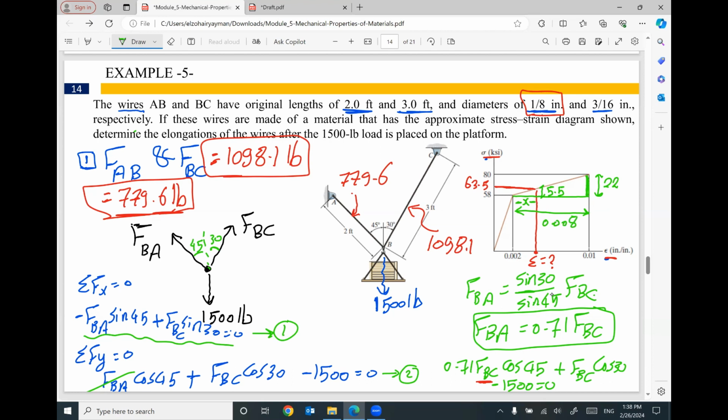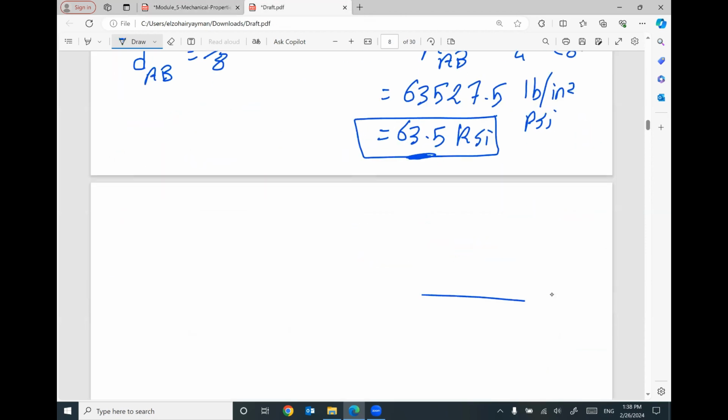That makes sense? So I set up a right angle triangle from this relationship. The horizontal distance for this right angle triangle will be 0.01 minus 0.002 equal 0.008. The vertical distance, this one, equals 22, which is 80 minus 58. So I can set up a triangle similarity. This value equals 5.5, this value equals 22.